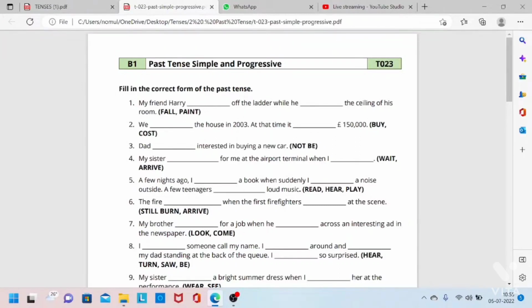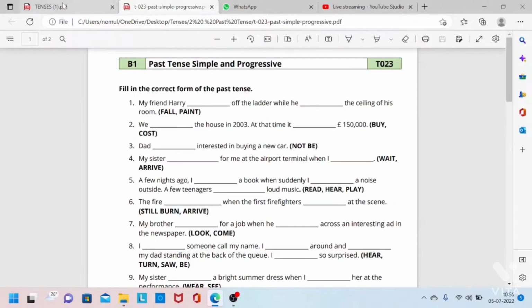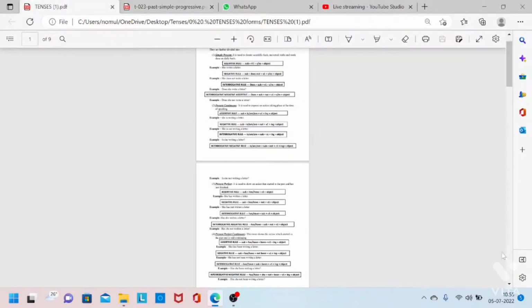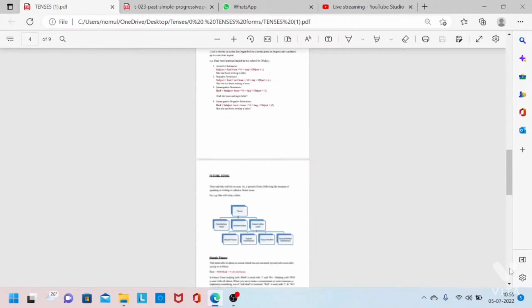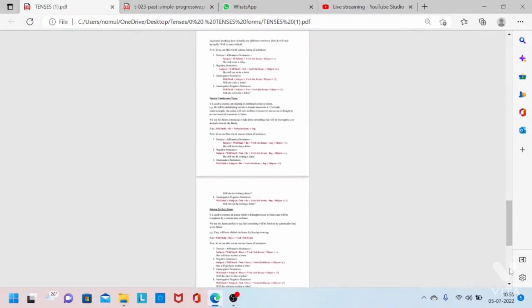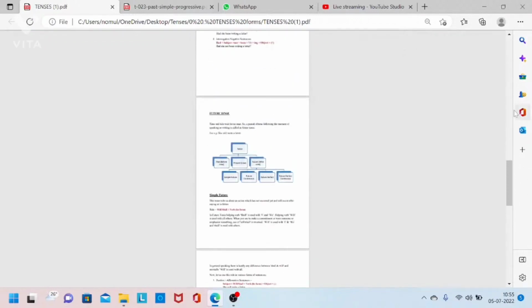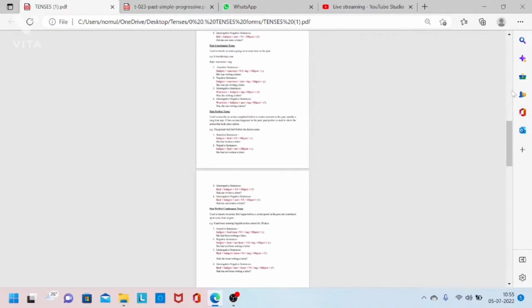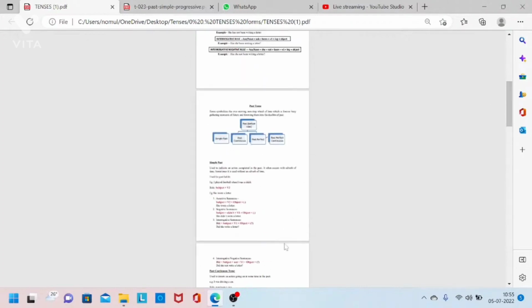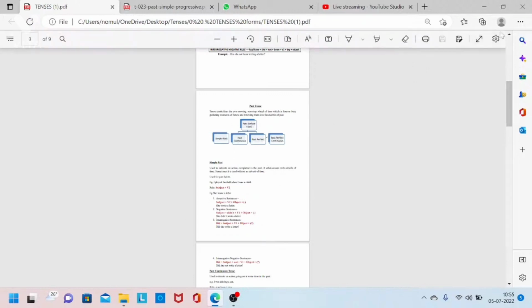So we already know about the past tense. Let us quickly see the equation. So in the past tense, the equation would be like this.